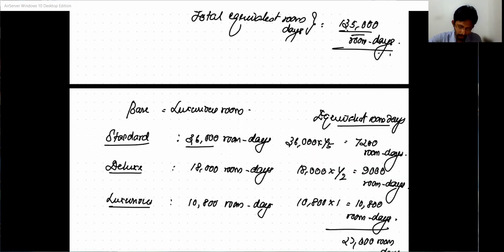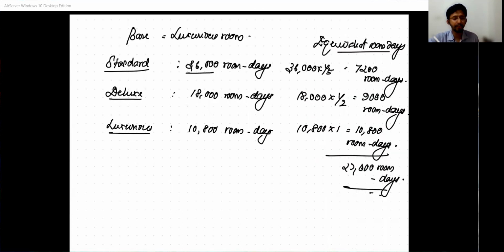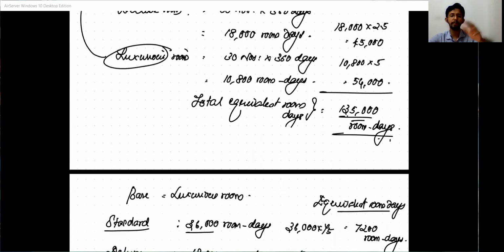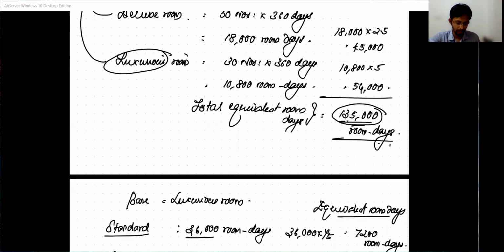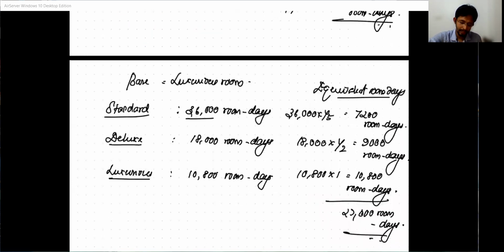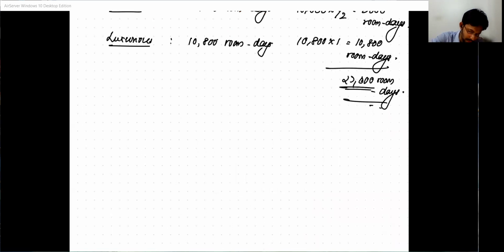Here it is 27,000. Why is there such a difference? The difference is due to the change in the base. Here it is 135,000 standard room days, where here it is 27,000 luxurious room days. One luxurious room day is equivalent to 5 standard room days.